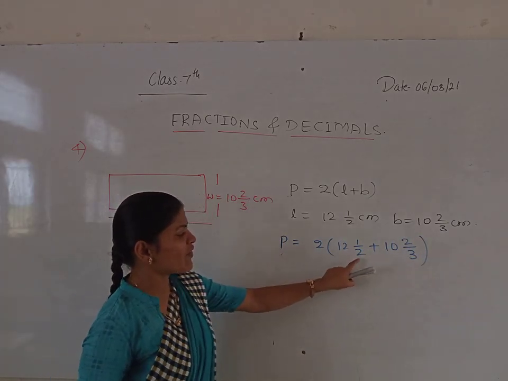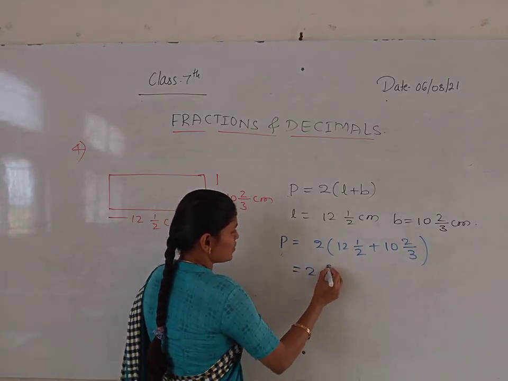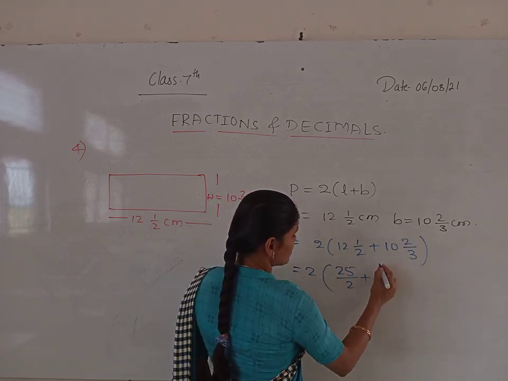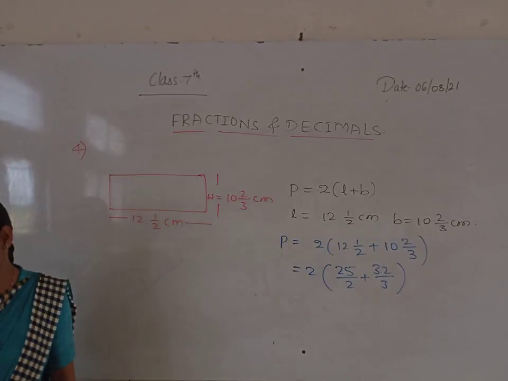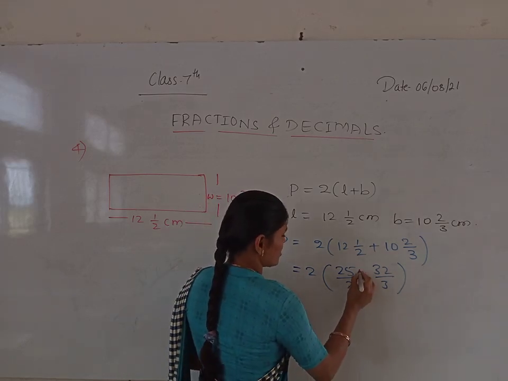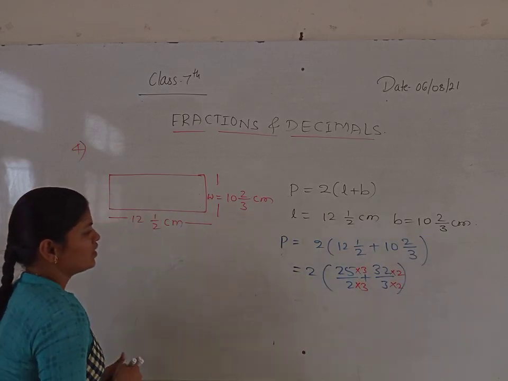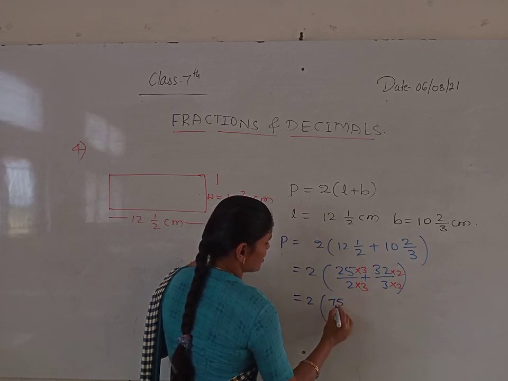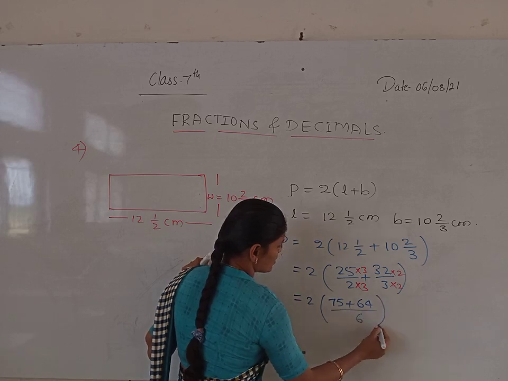You know how to simplify this one? Just simplify. 2 as it is, 12 2s are 24 plus 1, 25 by 2; 10 3s are 30 plus 2, 32 by 3. Now the LCM of 2 and 3 is 6. 2 3s are 6, and 3 2s are 6. Keep 2 as it is. 25 3s are 75 plus 32 2s are 64, divided by 6.